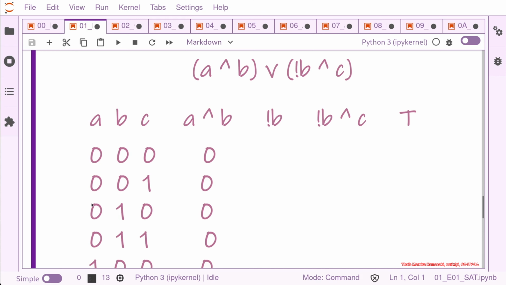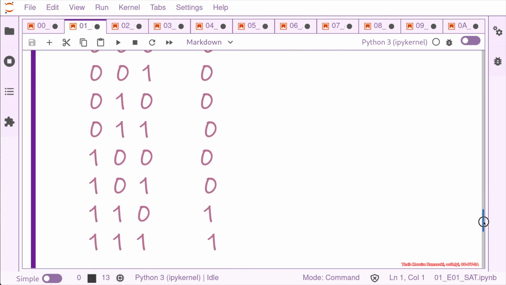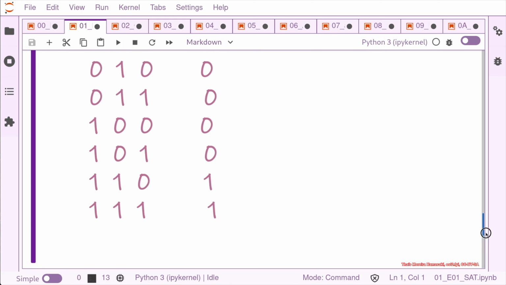The same is valid for A is false and B is true, because just one of it is true. And as you can imagine, we have the same for A is true and B is false. And we are just going to have it set to true if A and B are true. So that's pretty easy to remember.